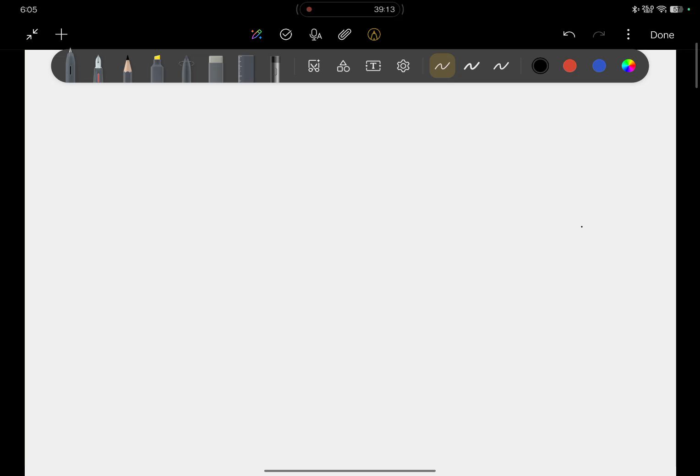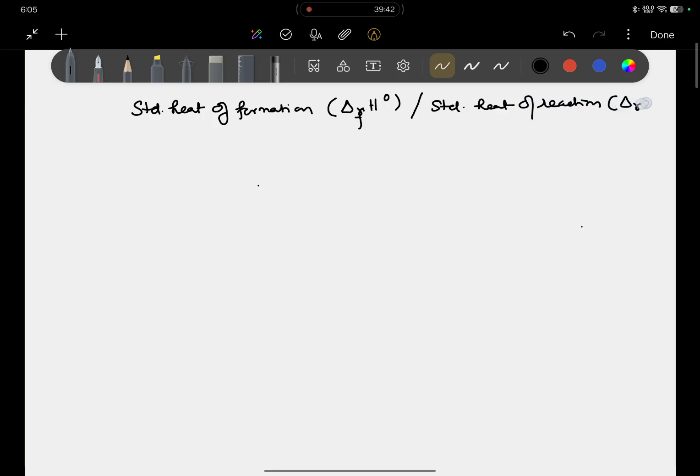So now write down, we will talk about something called standard heat of formation, which is denoted by the letter delta_f H naught, or it is also called standard heat of reaction, delta_r H naught.